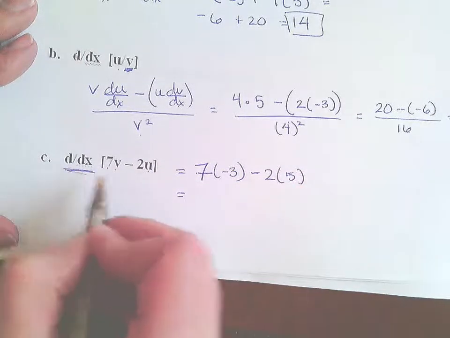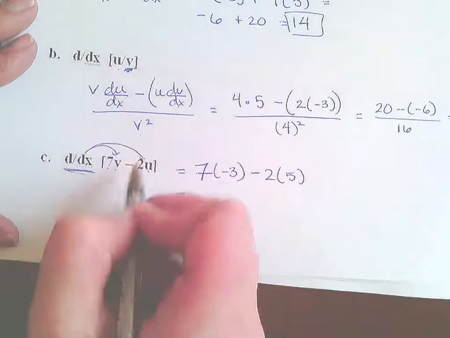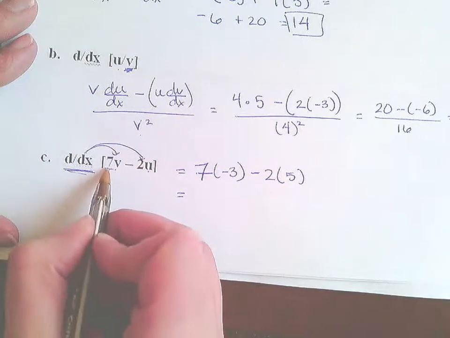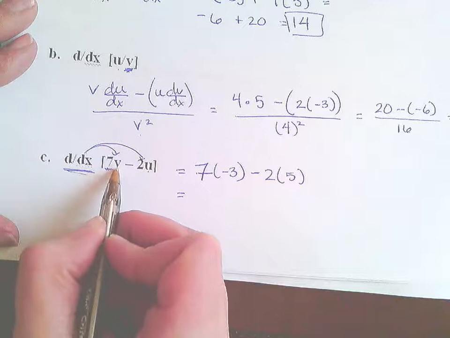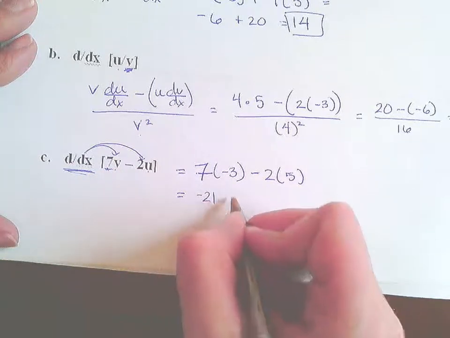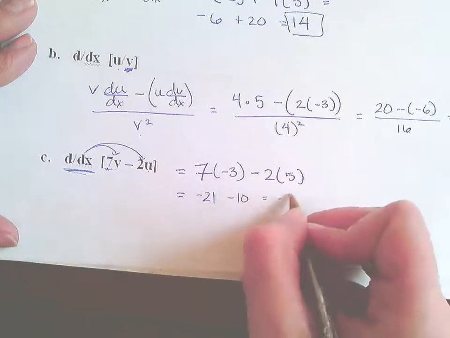Because they're asking us to find the derivative of these two functions. And you remember, if there's a number in the front, that gets multiplied by whatever this derivative is. So this is negative 21 minus 10, and that gives us negative 31. Done.